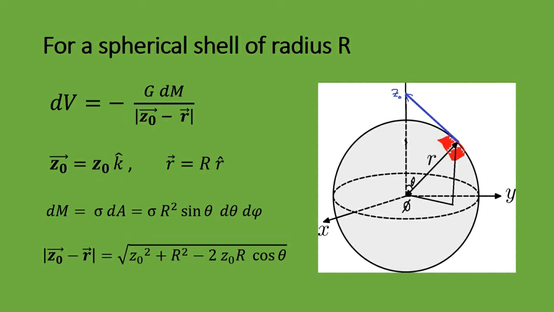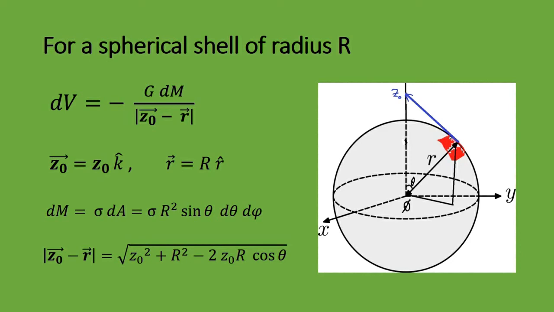Spherical symmetry means there's no location better than another location outside the sphere. You cannot distinguish between locations. All locations seem symmetric or identical. So we can choose any point outside the sphere. We don't have to pick a specific point, but whatever point you take, you will always get the same answer.